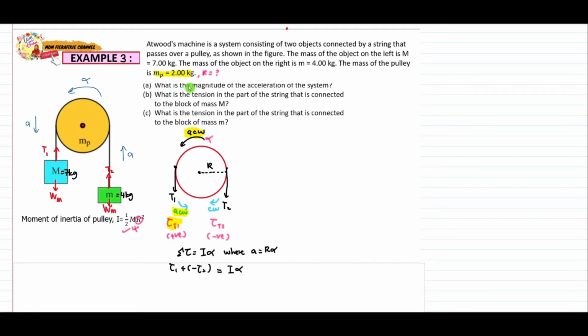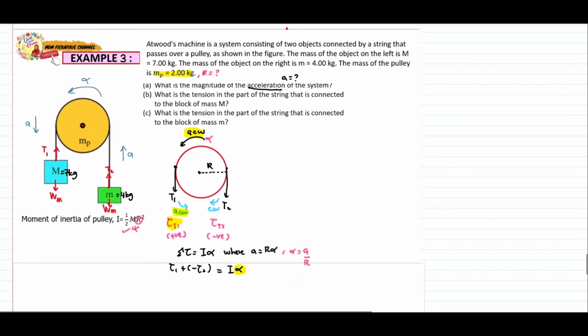So what is the magnitude of the acceleration of the system? So we want to find the acceleration A, bukan angular acceleration. So bila kita nak cari A yang ada angular acceleration alpha ini, kita tukarkan expressionnya kepada, so alpha is equal to A over R. Boleh?